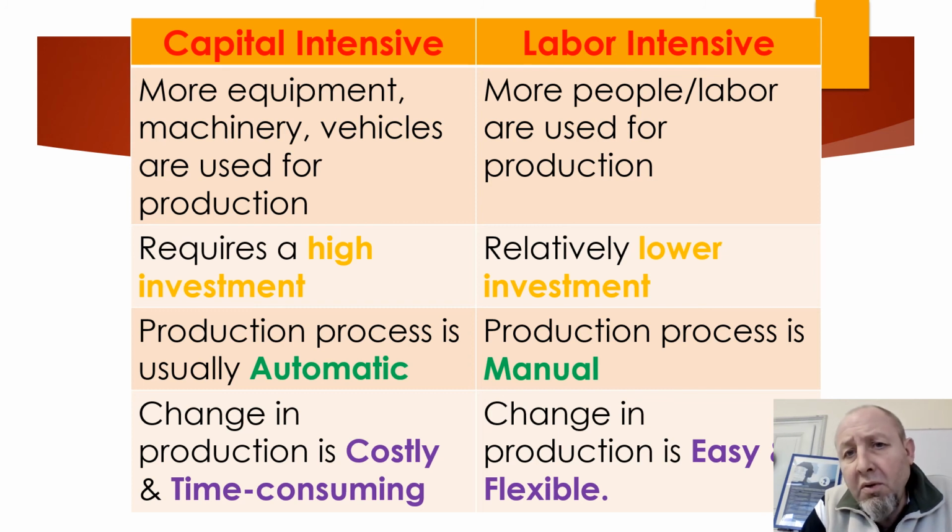When it comes to labor intensive, there are more people and labor used for production. There is a relatively lower capital investment. The production process is manual or tends to be towards manual, and the change in production is relatively easy and flexible.